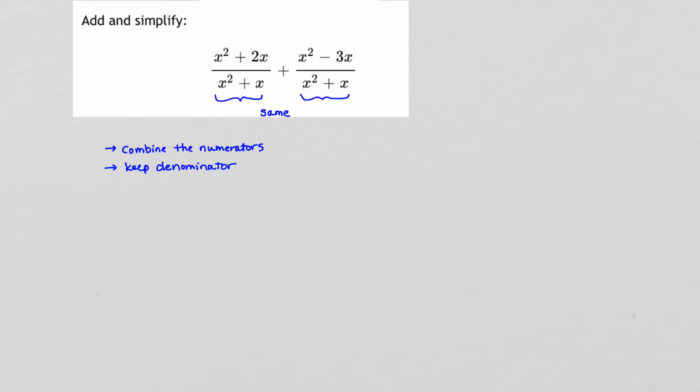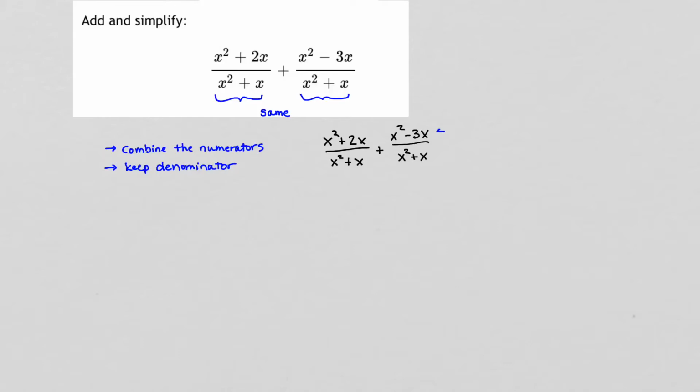We write down x squared plus 2x, which is our first numerator, over x squared plus x. And then the second one is x squared minus 3x over x squared plus x. There's a lot of x's in this problem with coefficients of 1, so it kind of gets confusing sometimes. But let's combine the numerators.